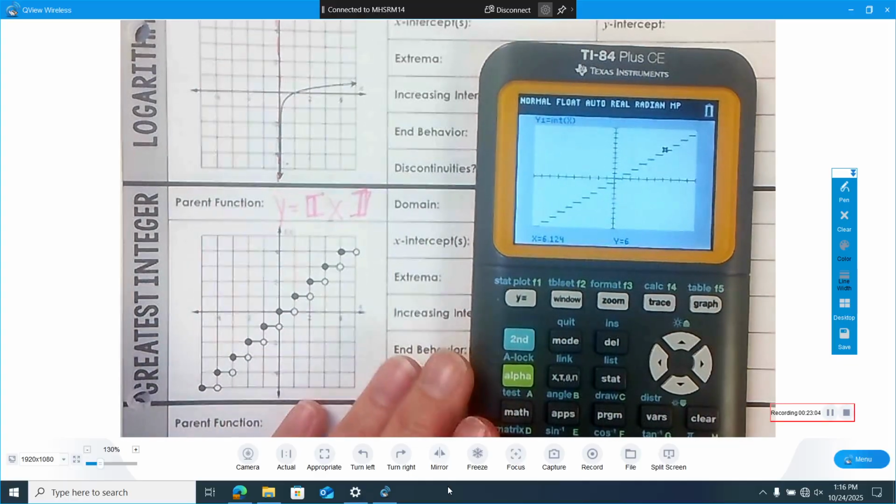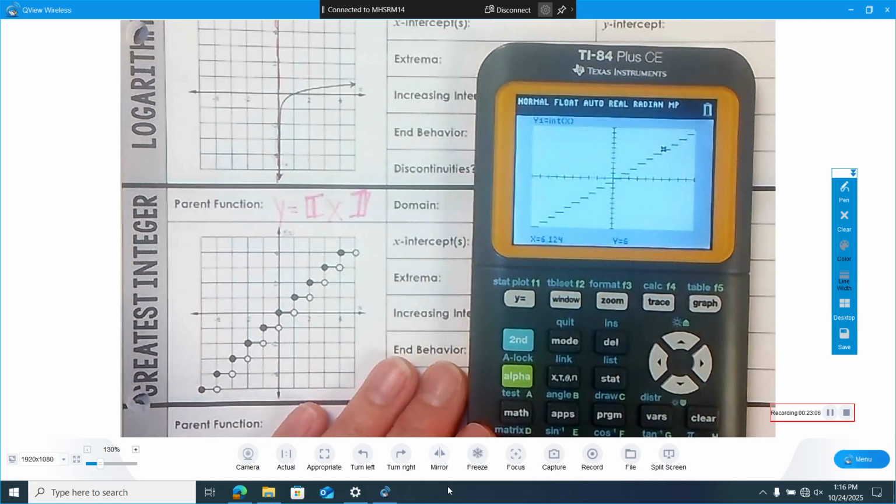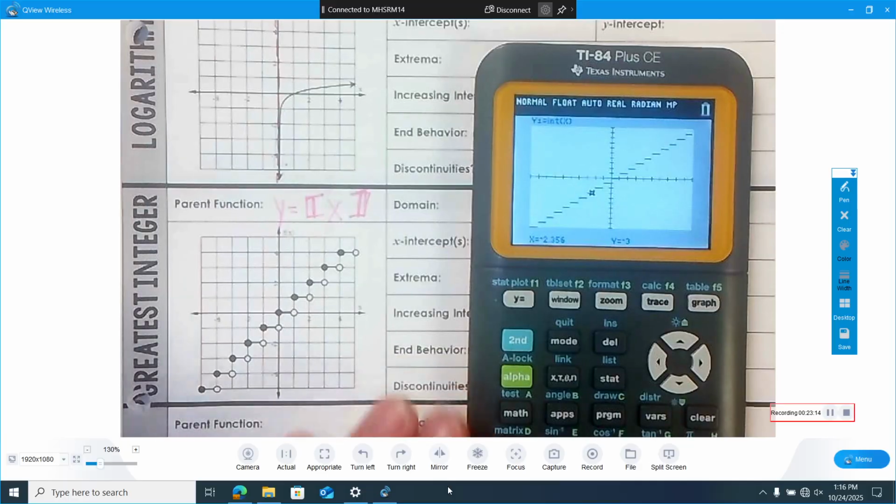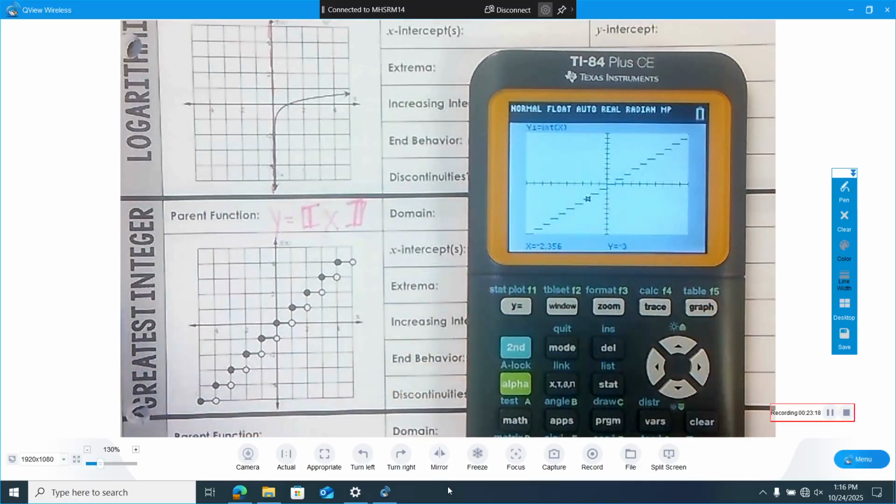It's great until you do negatives, and then, I don't know. What's the greatest integer of negative 2.356? Negative 3. Blows my mind. It's the opposite because we're in negative land. It's down below because it's actually lower than the decimal itself. Let's try another one.